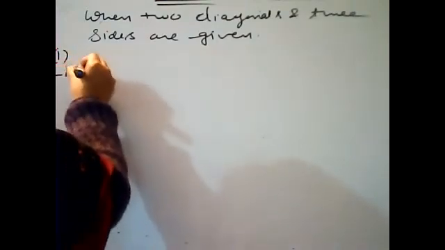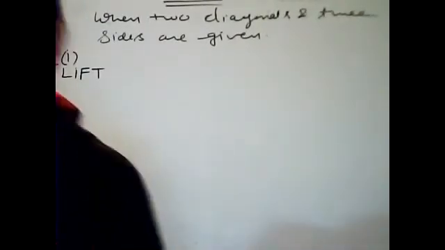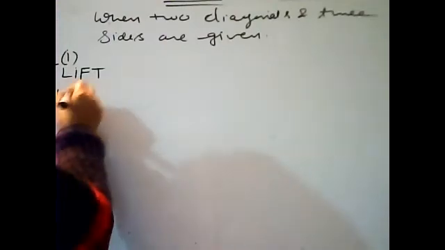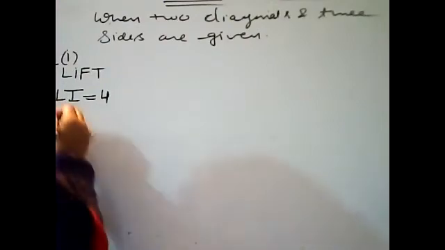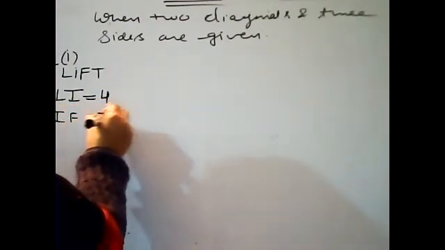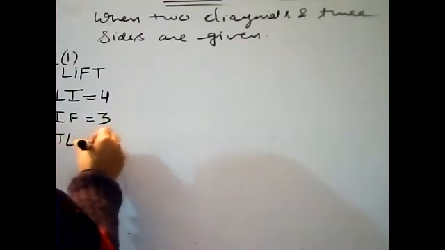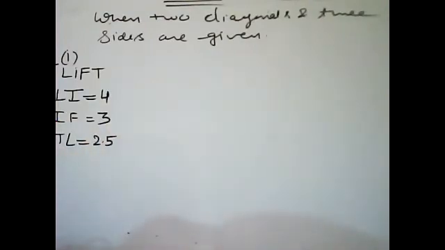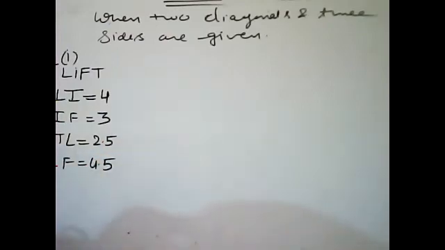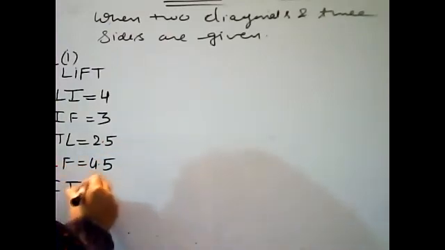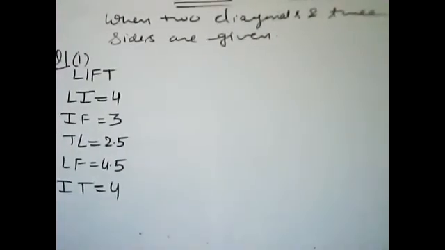Quadrilateral का नाम हमारे पास LIFT है. LIFT quadrilateral हमें ड्रॉ करना है in which LI is equal to 4, IF is equal to 3, TL is equal to 2.5, LF is equal to 4.5, and IT is equal to 4.